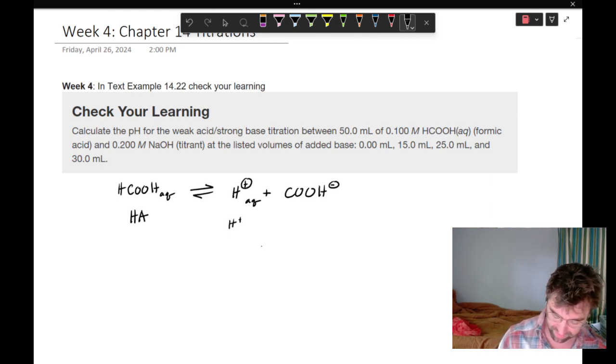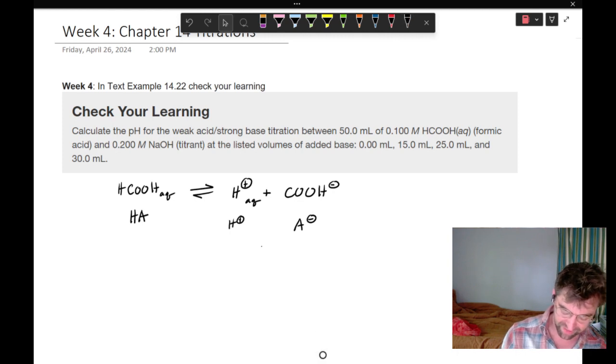So this can be notated H plus, and this will be A minus for these purposes. A minus is the conjugate base to our acid, HA. You will also see AHA if I read this backwards, and this is a mnemonic that will come in handy a little bit later.